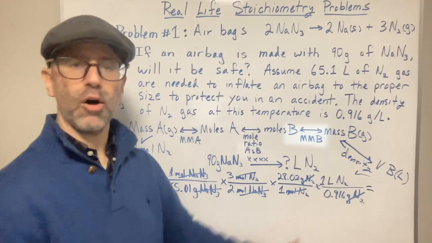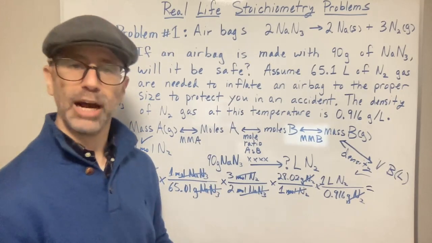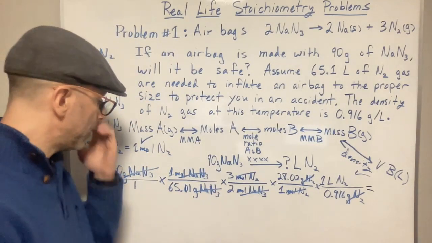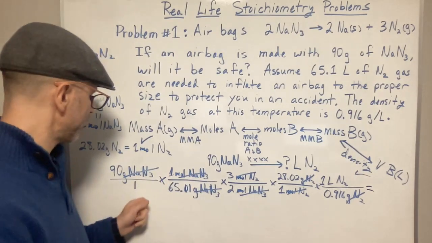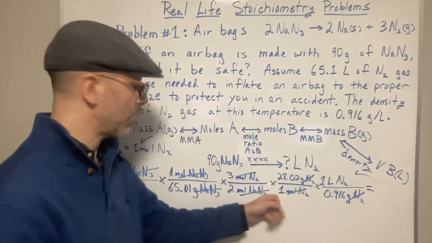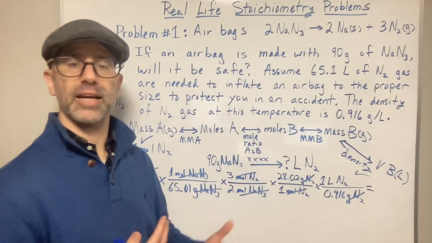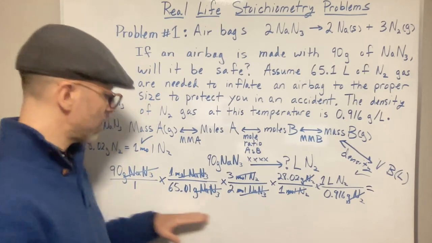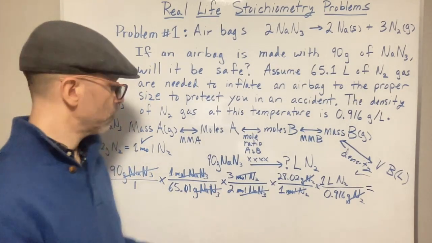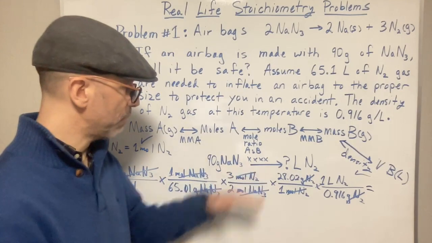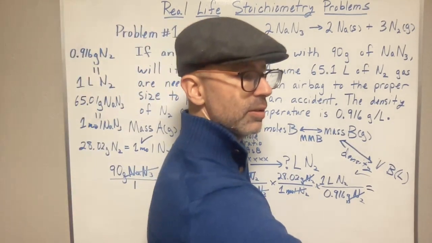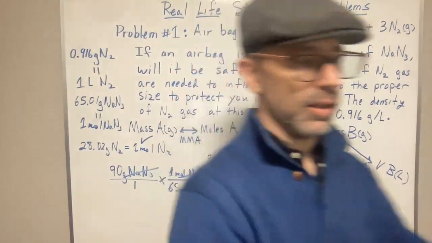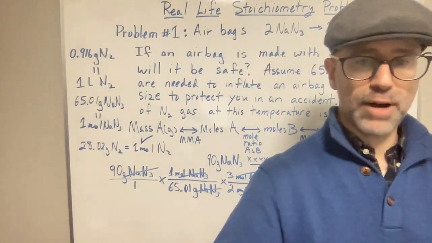So I'm doing it all on my calculator. And again, you don't really need to multiply and divide by 1, but I'm saying that just to show that whatever's on the bottom, you're dividing by, and whatever's on top, you're multiplying by. And so when you do that, you get the answer as follows.